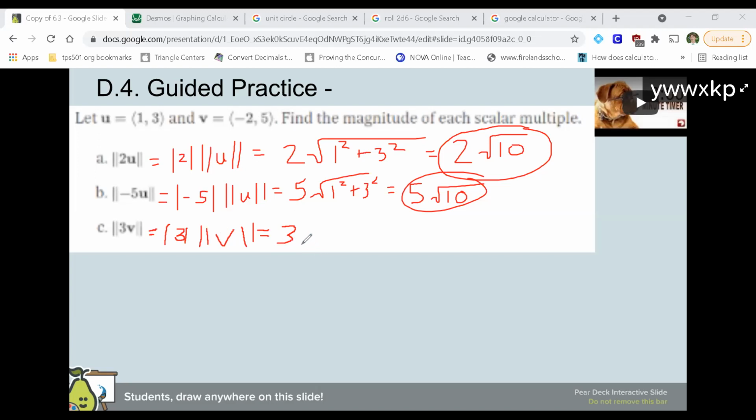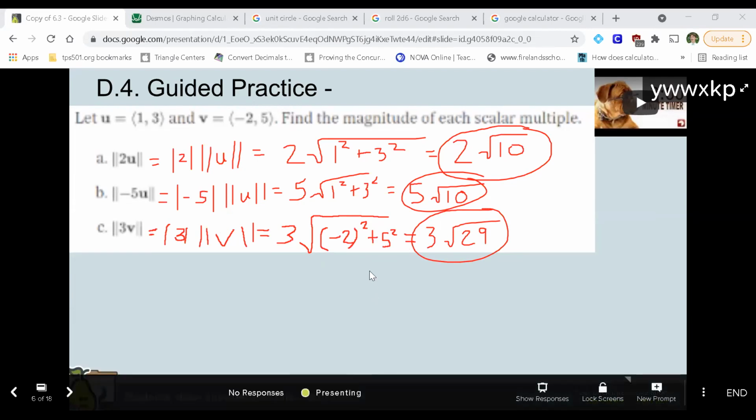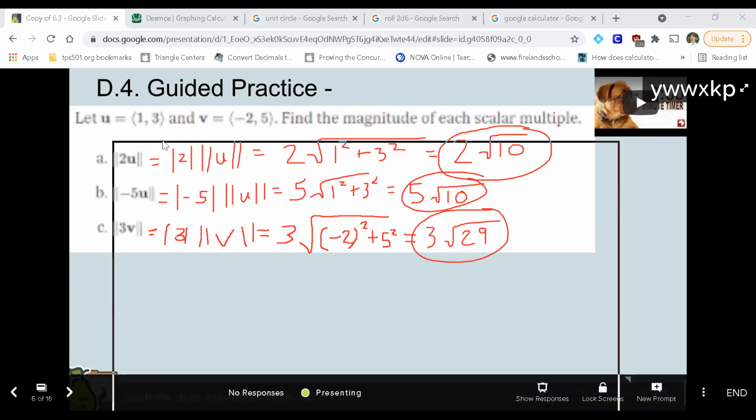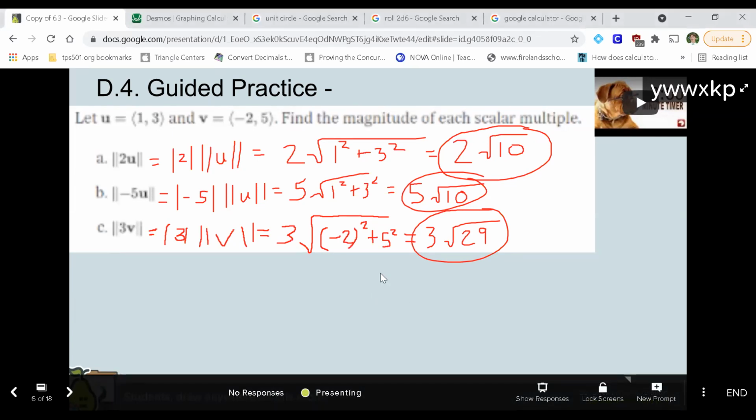Magnitude of v, I got to use these two numbers here. So I got to do -2 squared plus 5 squared, which would be 3 times the square root of 4 plus 25, or 29. Yay? No? Did you get 21? Yeah. That is very common, especially if you use a calculator. It'll happen more often, but -2 times -2 is positive.